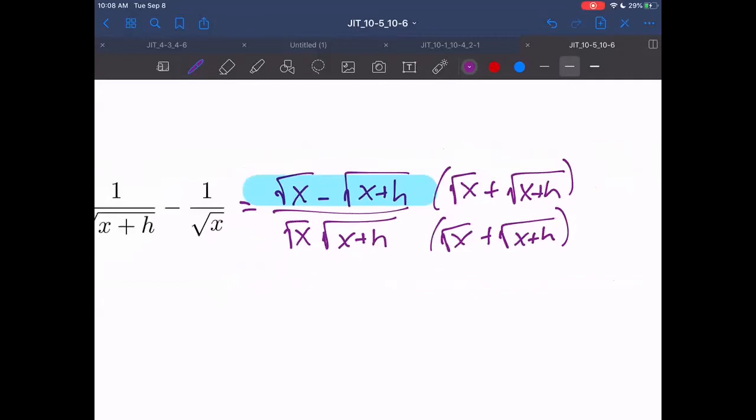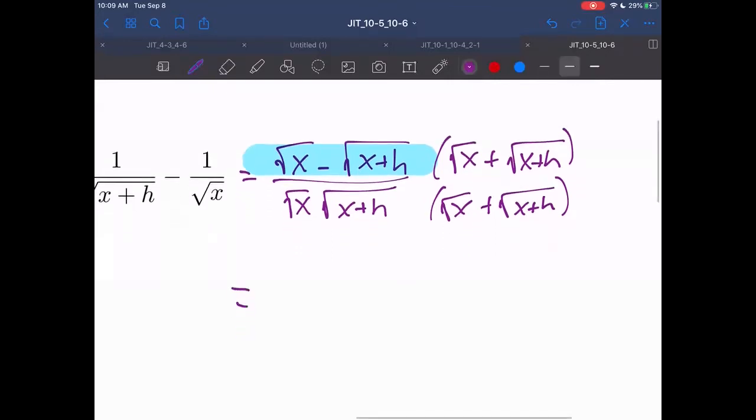After some, oh, sorry, I was looking at the wrong problem.